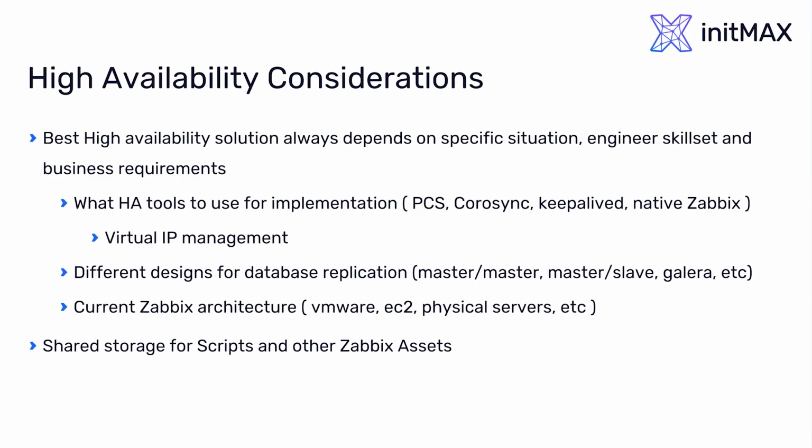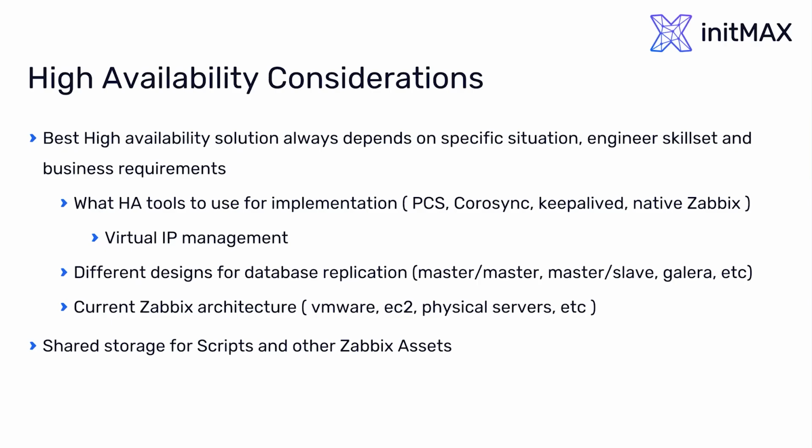And what I didn't add to the slides, but what is also very important considering your high availability, keep in mind that proper high availability is more critical with Linux utility high availability, so PCS, Corosync, Keepalived, less critical with native Zabbix high availability, and again, very critical with database replication.